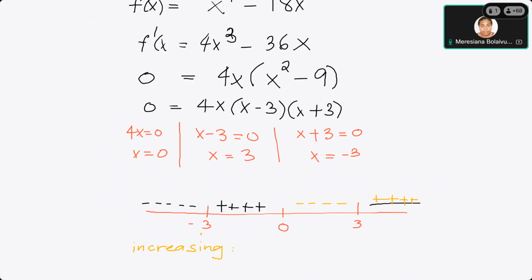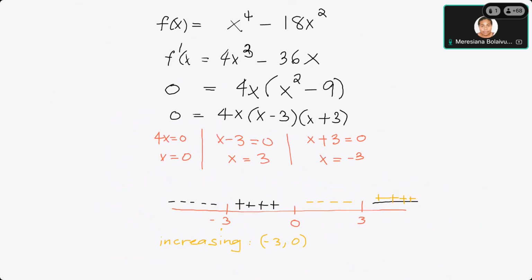But mathematically speaking, you have to write it as bracket minus 3, comma 0. That's the interval. And what about the next one? How am I going to write this as an interval? It's from 3 and all the numbers greater than 3. So bracket 3, comma positive infinity.